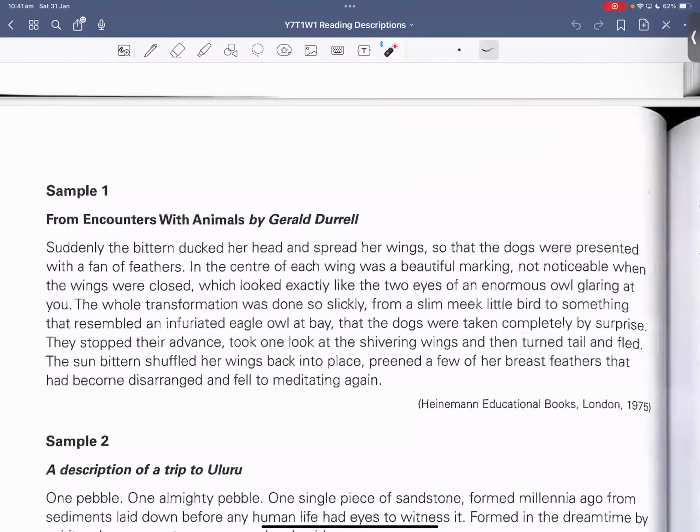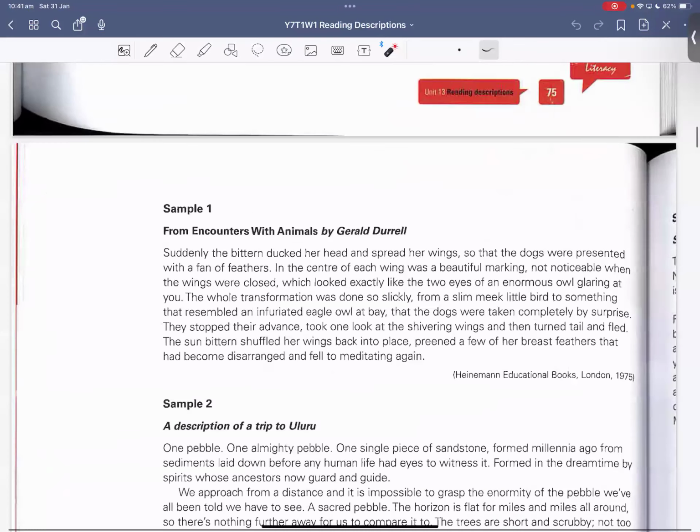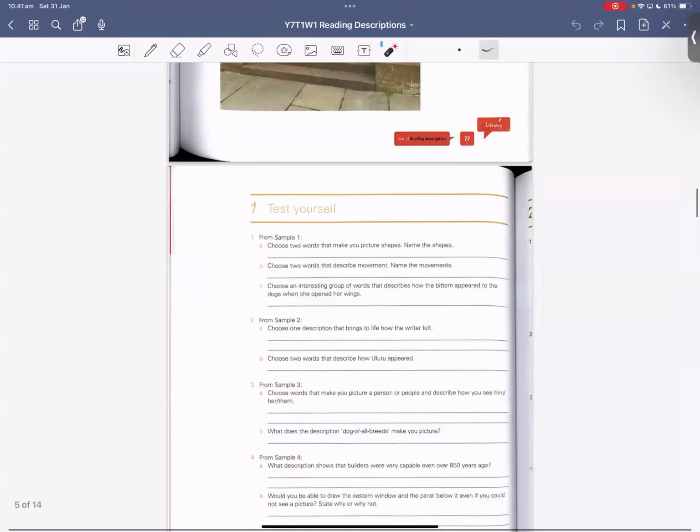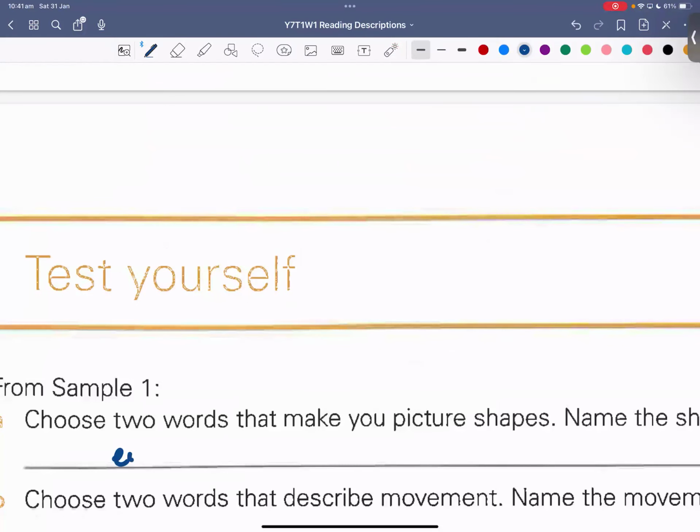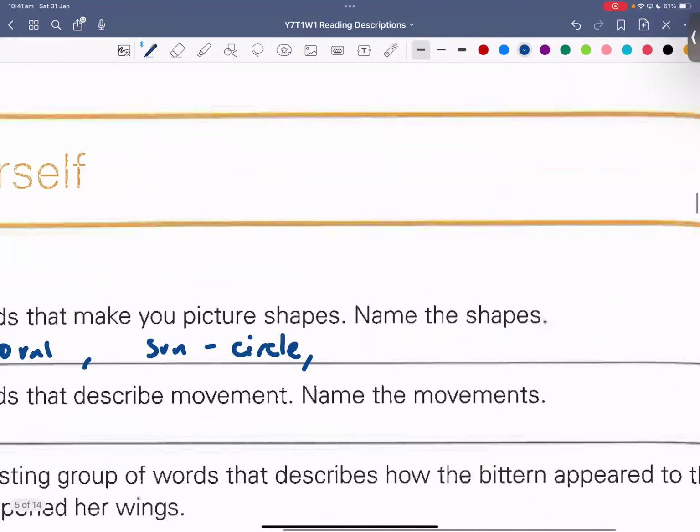Maybe eyes are more oval, but yeah, close enough. Fan. Eyes. Yes. Sun. Sun and circle. Great. So we have eyes, oval, sun, circle. Did you say fan? Yeah. Fan would be triangle. Semicircle. Yeah.